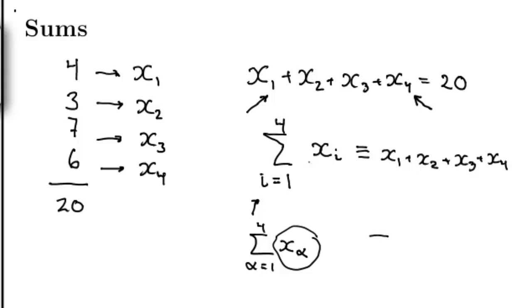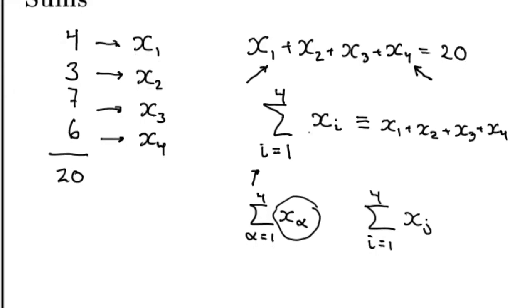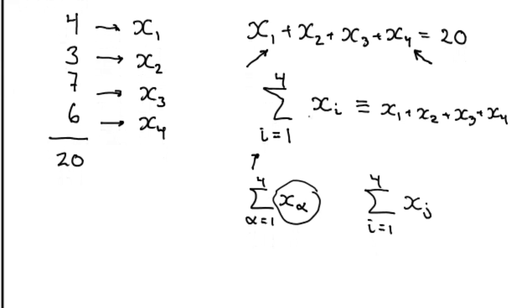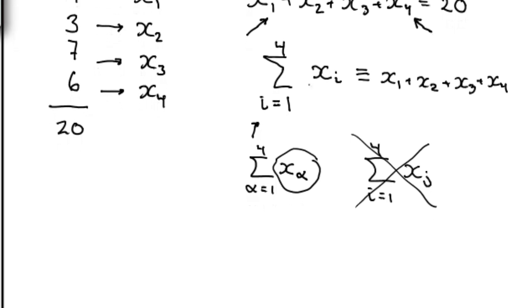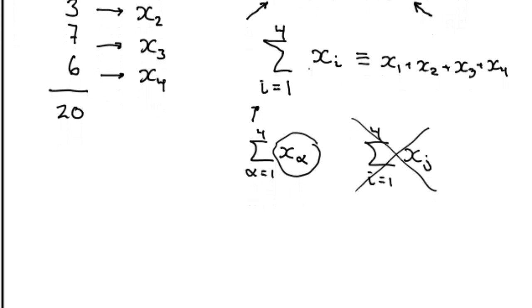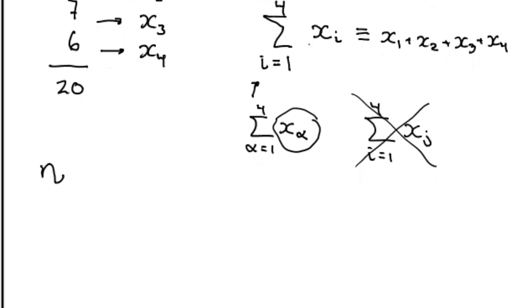For example, summation i goes from 1 to 4 xj would not be correct. That would not represent the sum of these numbers. So let's scratch that. In general, we typically use the symbol n if I want to add an arbitrary set of numbers. N is then a positive integer, equal to 4 in the previous example.